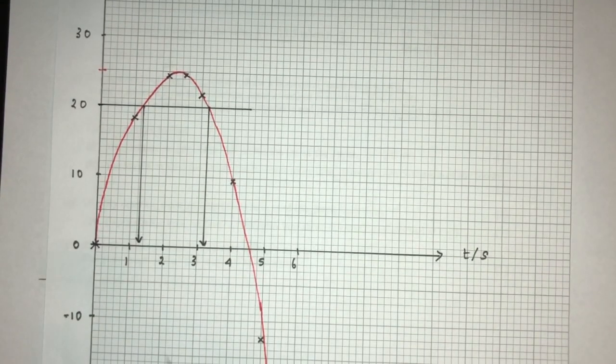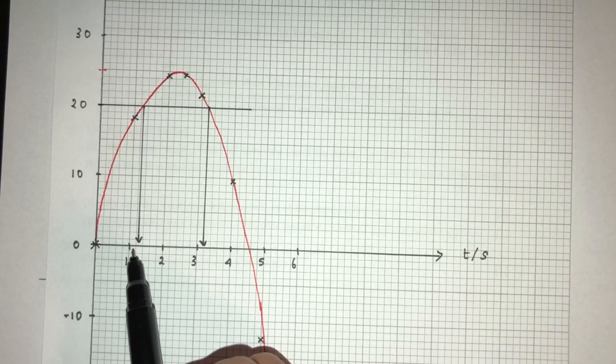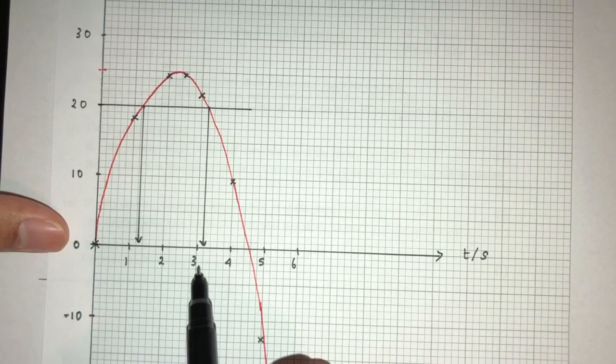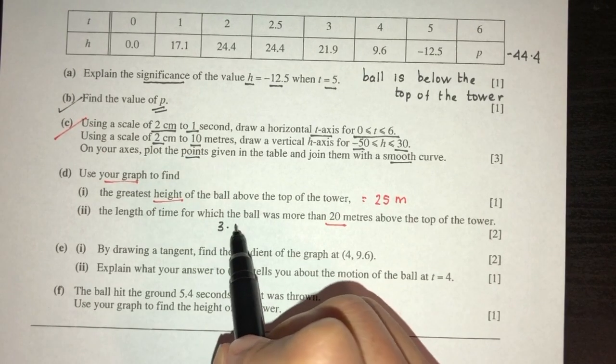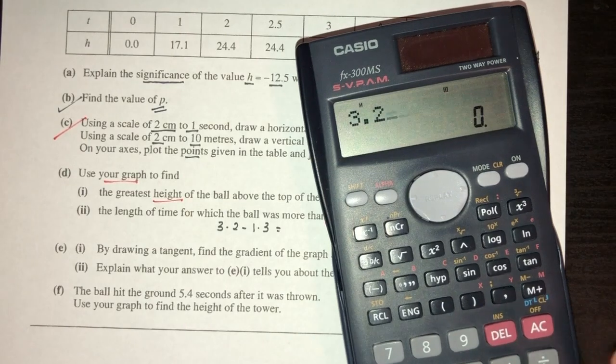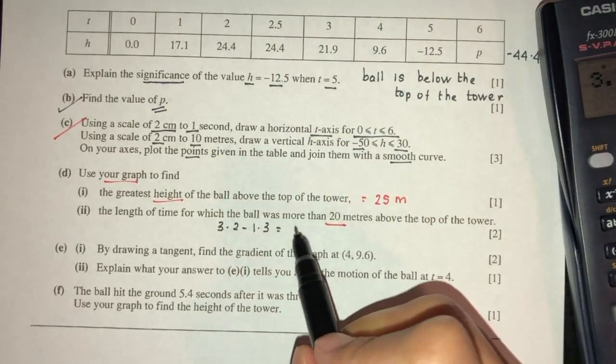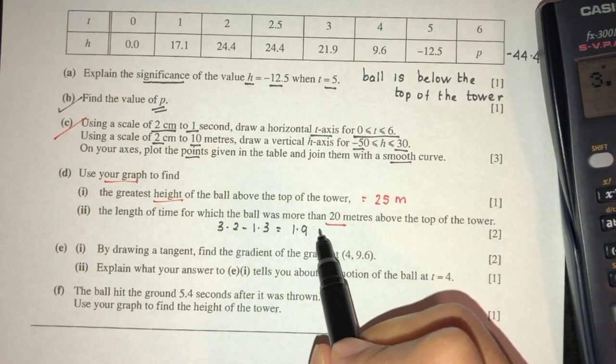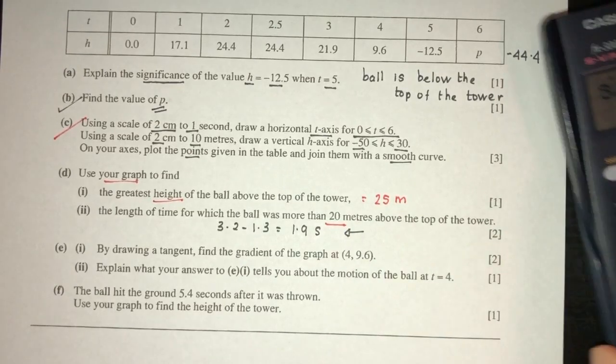This one shows to be about 1.3, and this one is 3.2. So that will be 3.2 minus 1.3, which is 1.9 seconds. That will be for part 2.